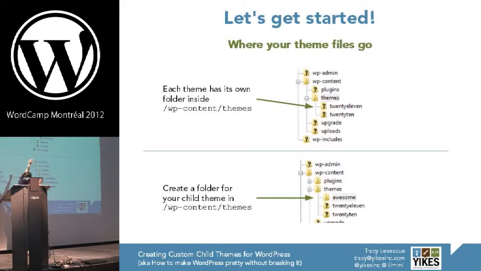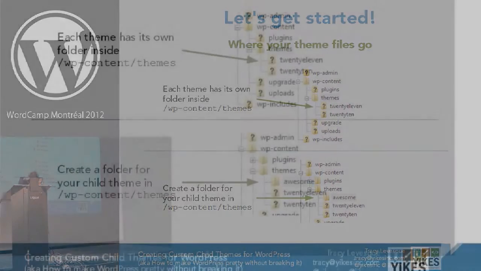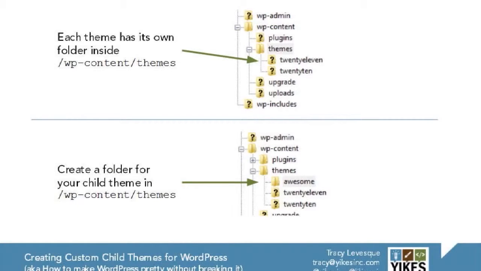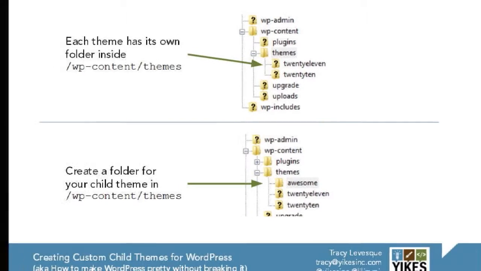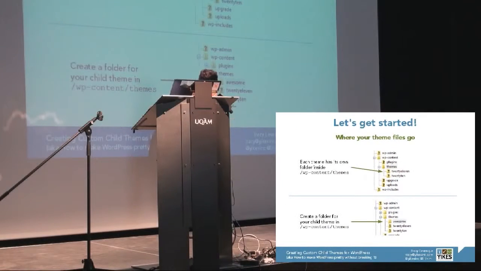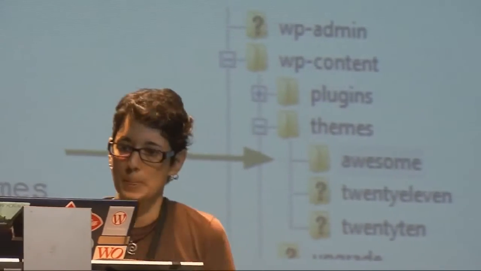Inside the themes folder, each theme has its own folder. So when you first install WordPress, inside your themes folder you have 2011 and you have 2010. What you want to do is create your own folder inside the themes folder called whatever you want, no spaces. In this example, we're creating a folder called Awesome.